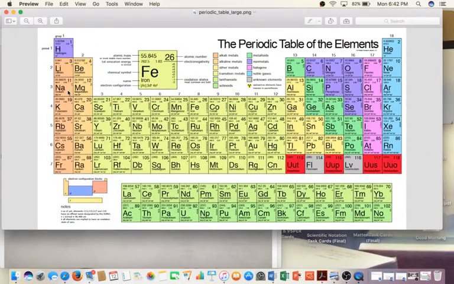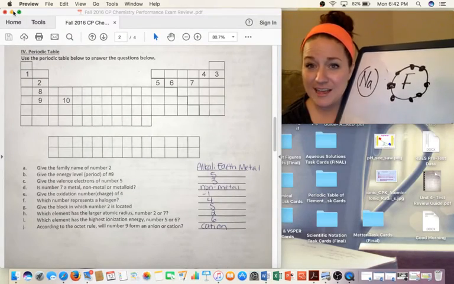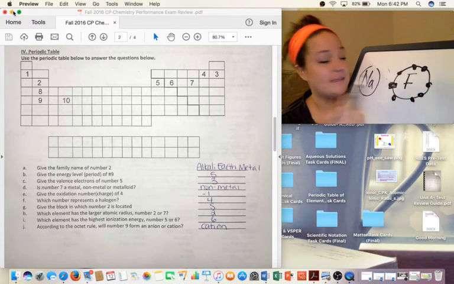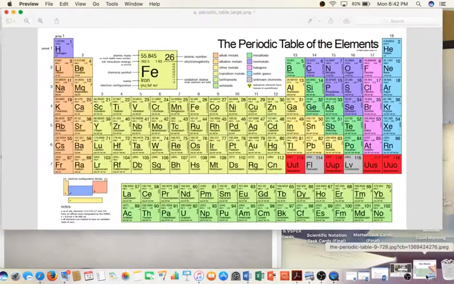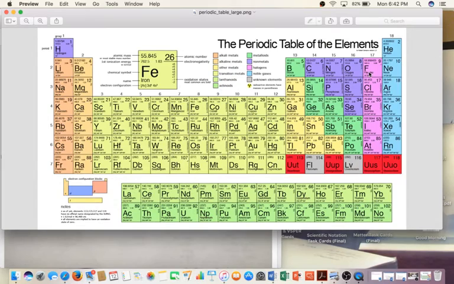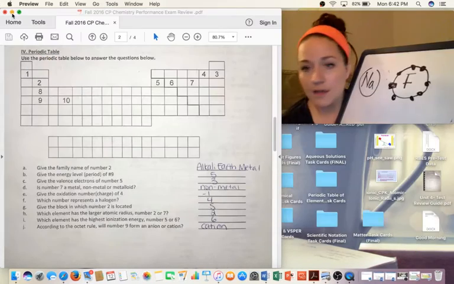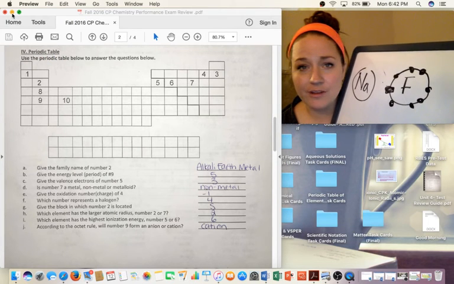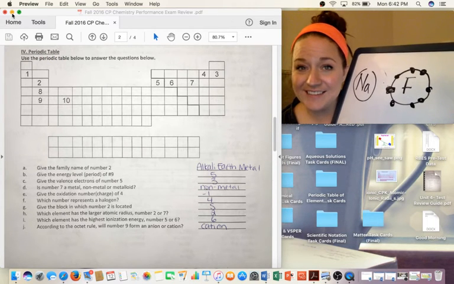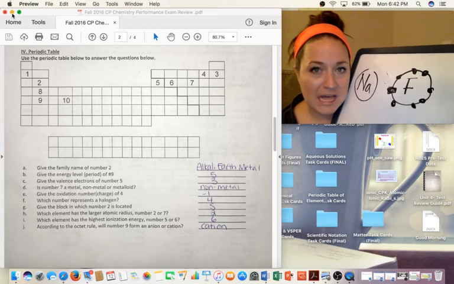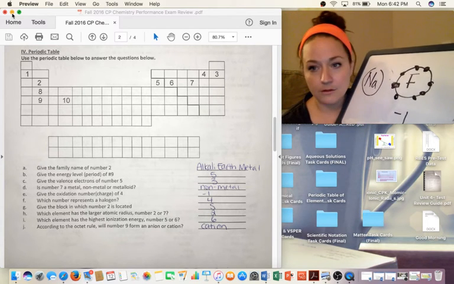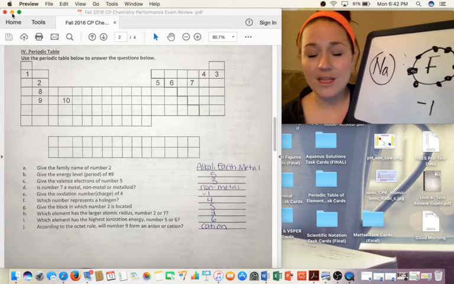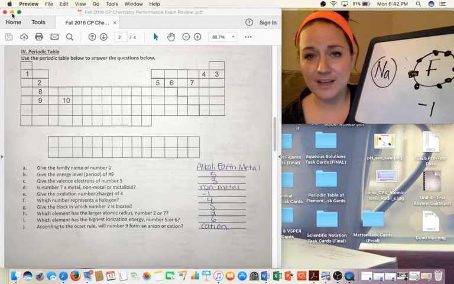Sodium is an 11. So he no longer has 11 electrons. He has 10. So he's a positive 1. And fluorine, so let's look at fluorine, has 9 electrons because he has 9 protons. So fluorine does not have 9 electrons anymore. He has 10. So when you compare 9 positive protons to 10 negative electrons, you form a negative 1. So that is how you get your positive and negative ionic charges.